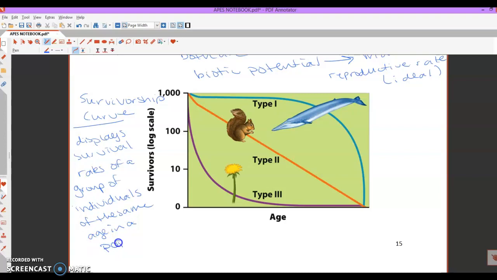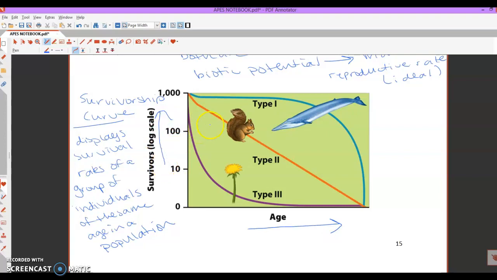All right, so basically what this does, let's say they counted 1,000 blue whales, okay? And they put a dot to create this graph at the age at which each one of those 1,000 whales died. So here's our age. So our age is obviously going to be increasing this direction. Okay, the survival rate is increasing.